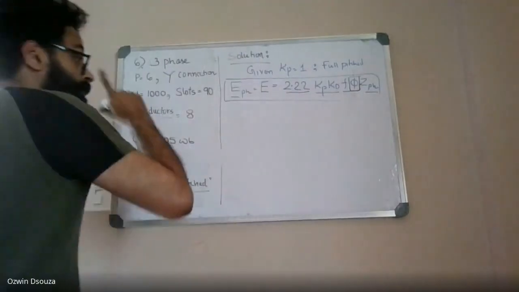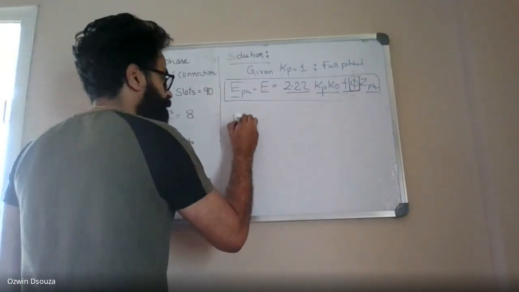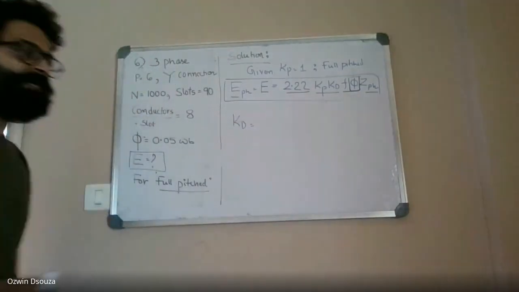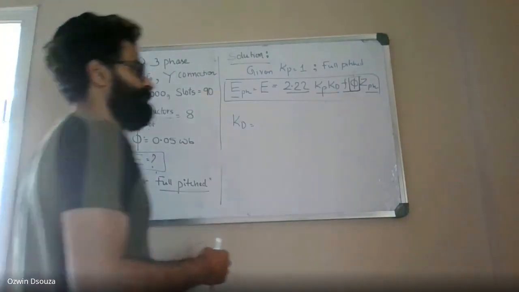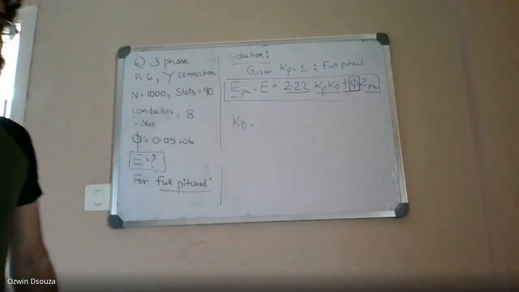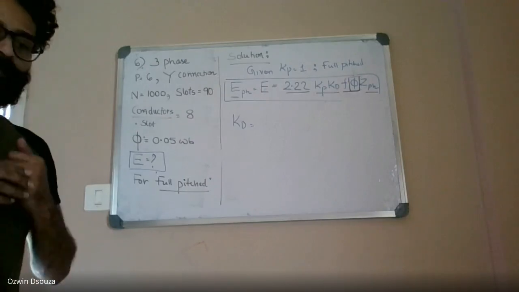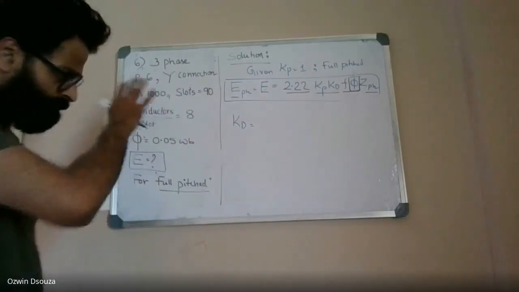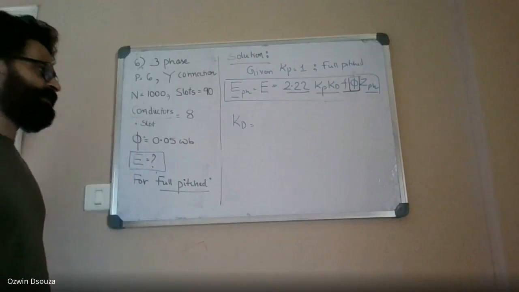But we do not know Kd. So Kd is not given. Hence, you need to determine the Kd value. Please don't assume it as 1. Kd value can always be found with the given data.